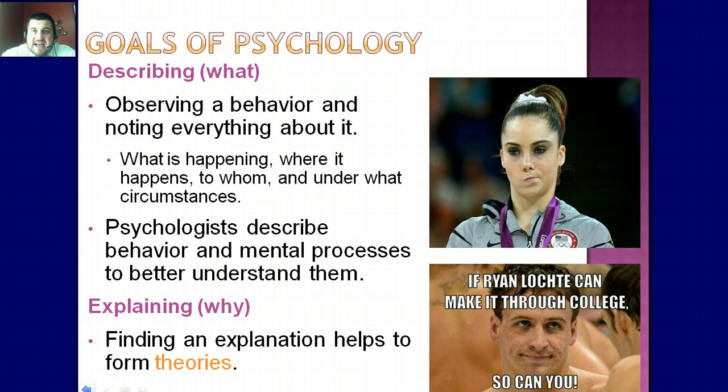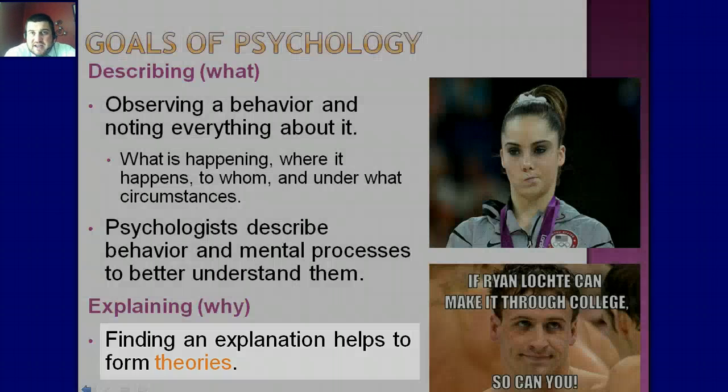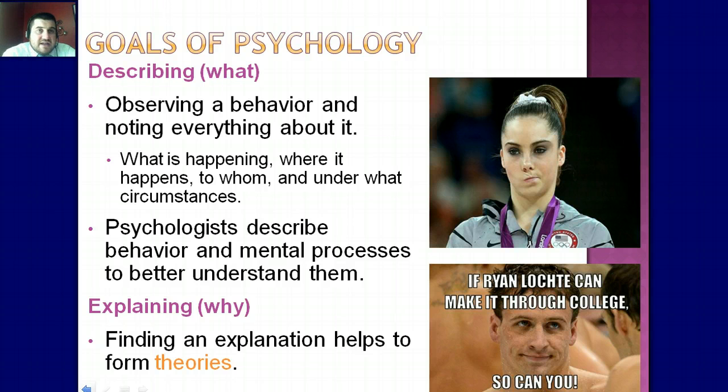Now we move on to the next step, which is why that is happening. Explaining why something is happening is very important in forming theories. So to figure out why this girl is suddenly changing her behavior, they may take her to a pediatrician to make sure it's nothing health related. They may give her some tests in school to figure out if it is something cognitive.